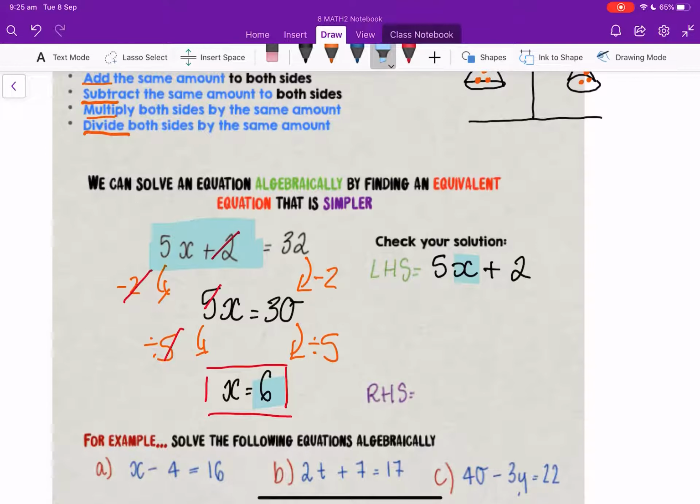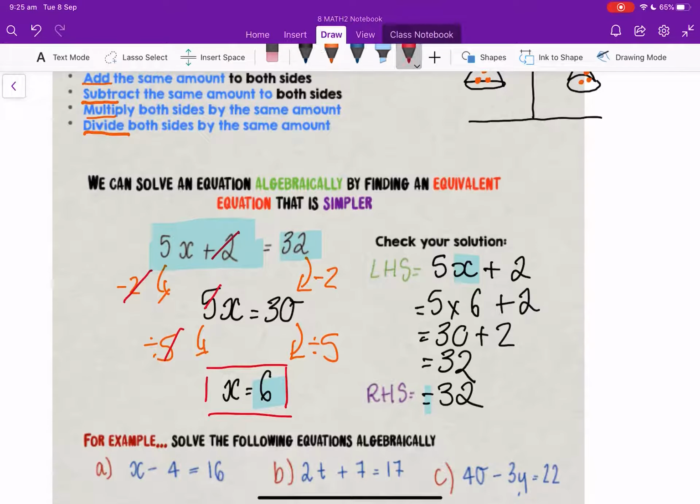Okay? So 5 multiplied by 6 plus 2. We have to apply BODMAS here. Okay, we need to do the multiplication first. Plus 2 equals 32. Let's check that with our right-hand side, which is 32. Yes, it's the same. Okay? And so therefore our solution is correct.